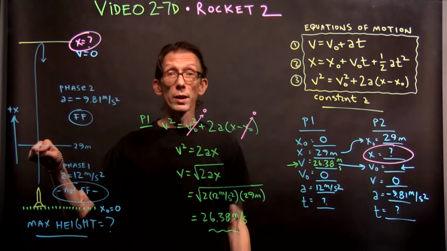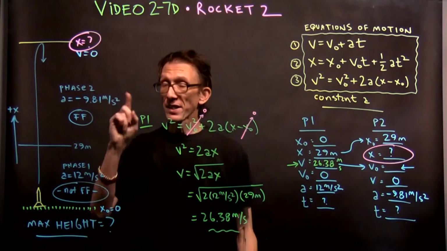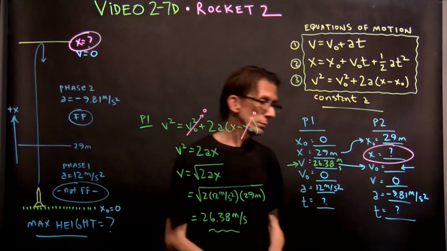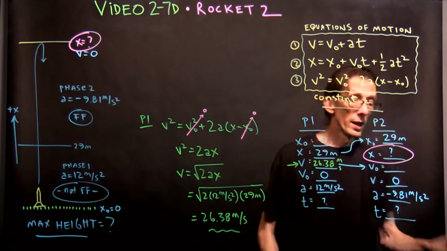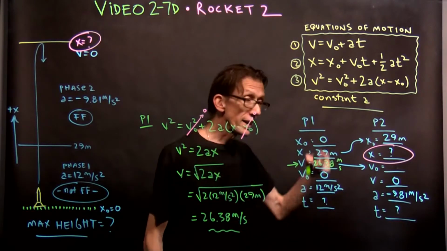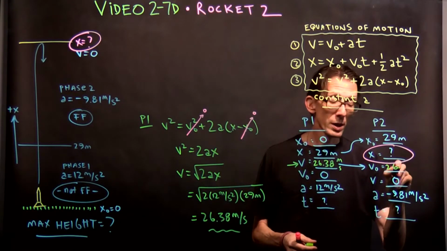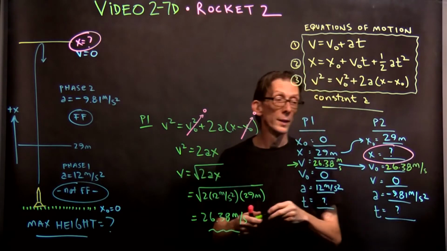So if this is how fast the rocket is going, 26.38 meters per second, at the end of phase 1, that is also precisely how fast it's going at the beginning of phase 2. So we can now say that the final velocity for phase 1 is the initial velocity for phase 2, 26.38 meters per second.